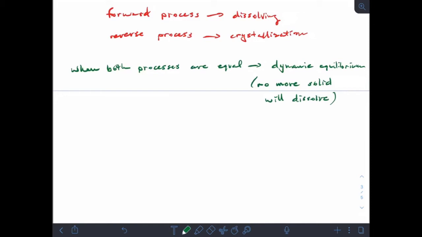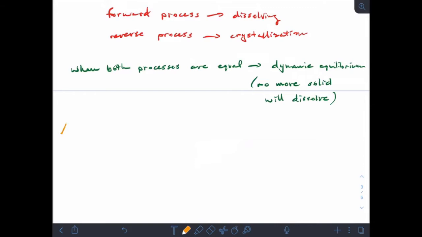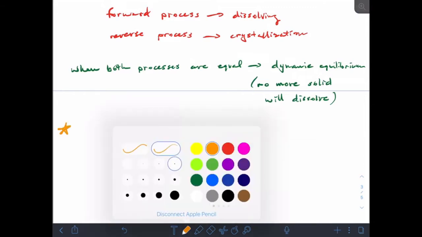So now that we understand that concept, the idea that the amount of solute that can dissolve in a given quantity is called its solubility. So, key point here. I'm going to give this a gold star.